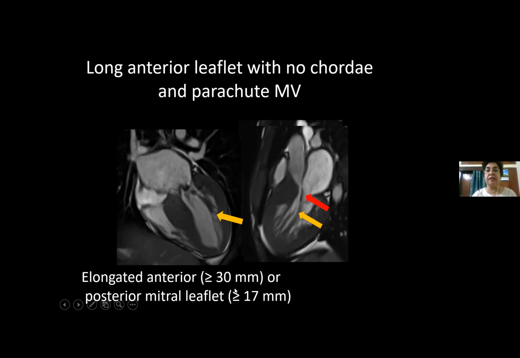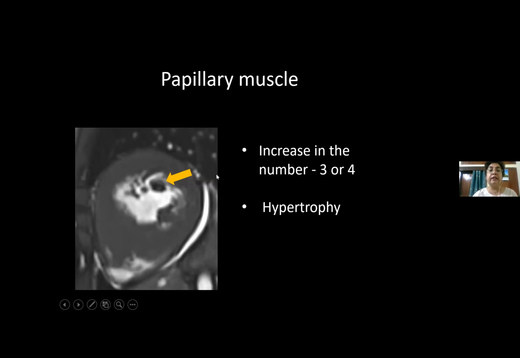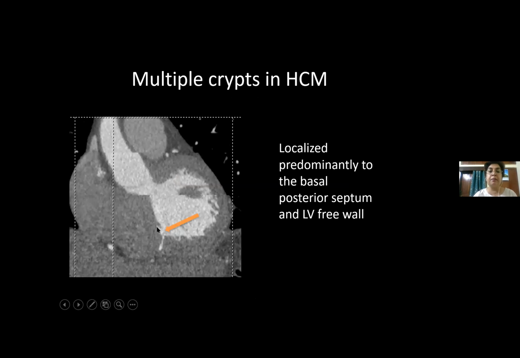There can be absence of chordae tendineae or parachute mitral valve leaflets. There can be abnormalities of the papillary muscle. There can be more number of muscles, as well as hypertrophy of the muscles. Multiple crypts have been described in HCM. This is a CT image demonstrating a myocardial crypt.